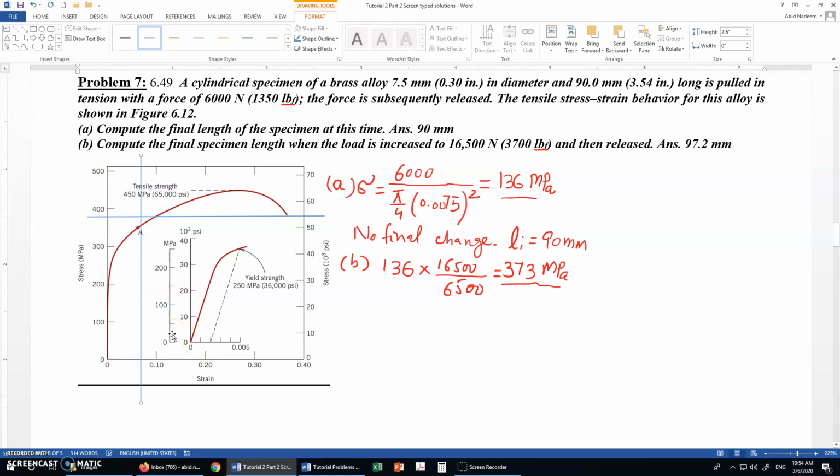This vertical line intersects the strain axis at 0.1.